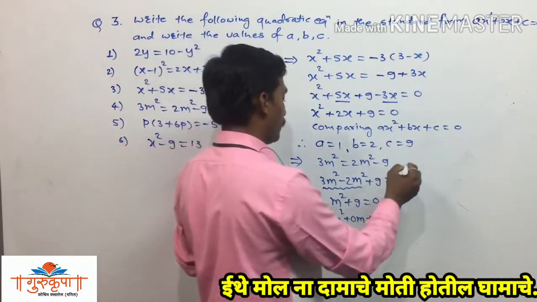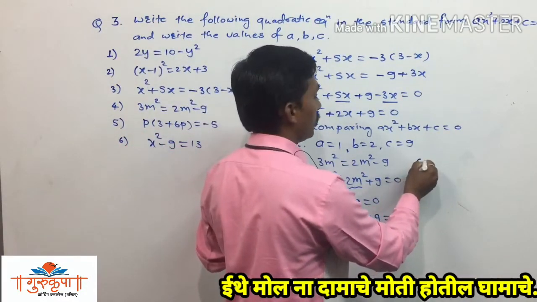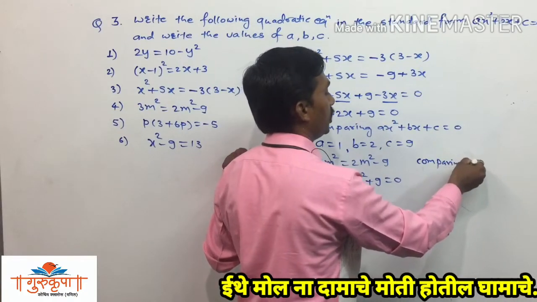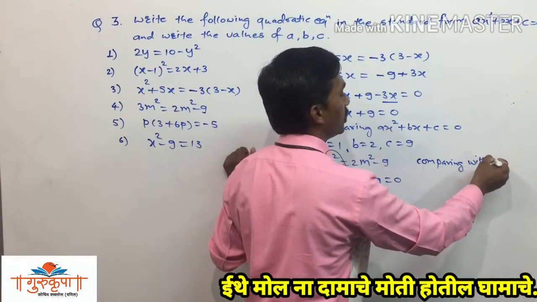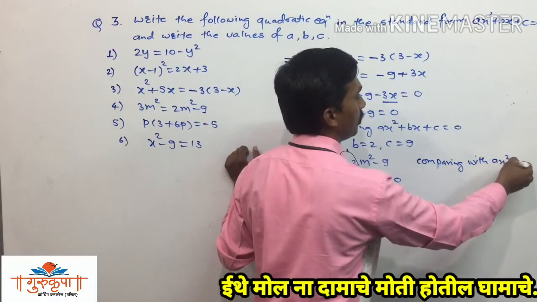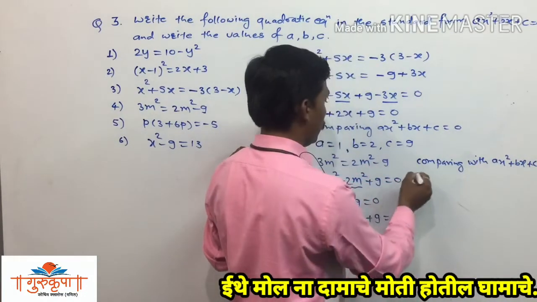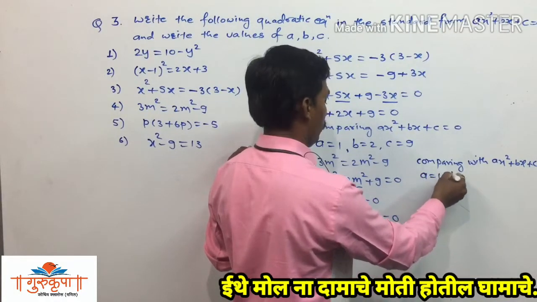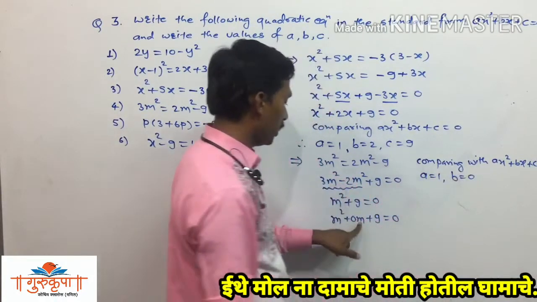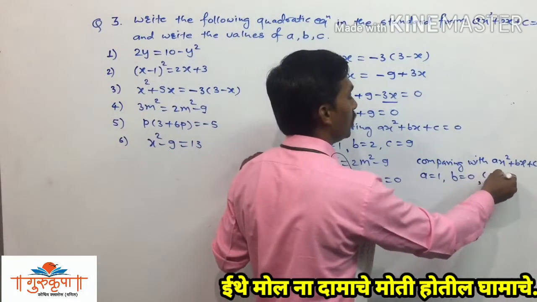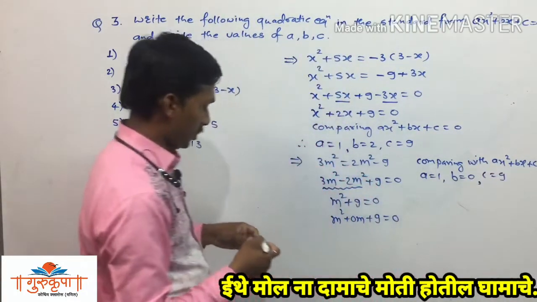Comparing with ax square plus bx plus c is equal to 0, you will get a is equal to 1, b is equal to 0. See, the linear term coefficient is 0 and the constant term is 9, so c is equal to 9.